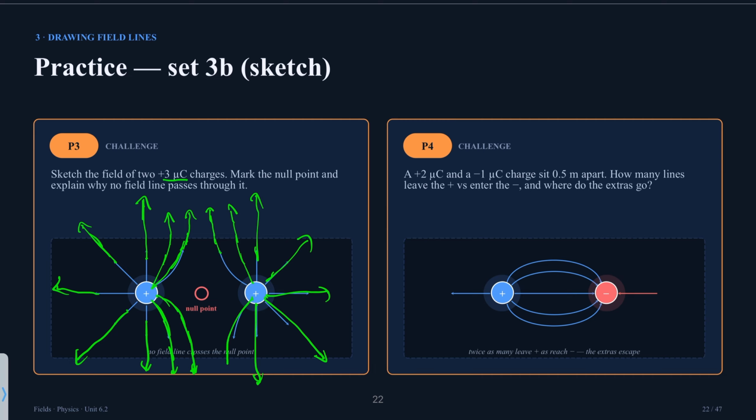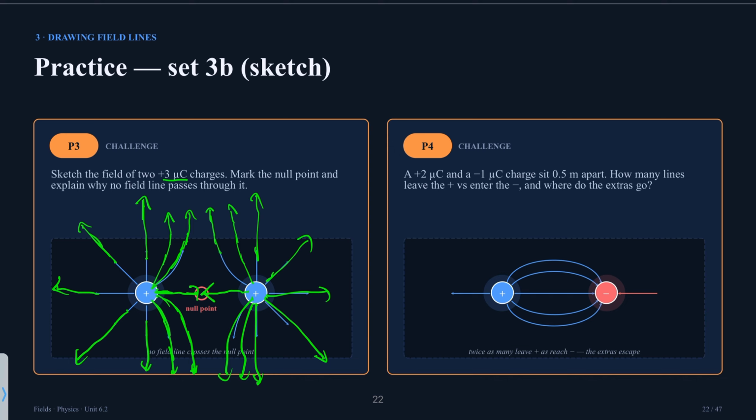And then from there, the reason that over here there's a null point is because if you think about it, at that point, if hypothetically we had a proton emitting a field at that point, then radially outward, over here also radially outward.